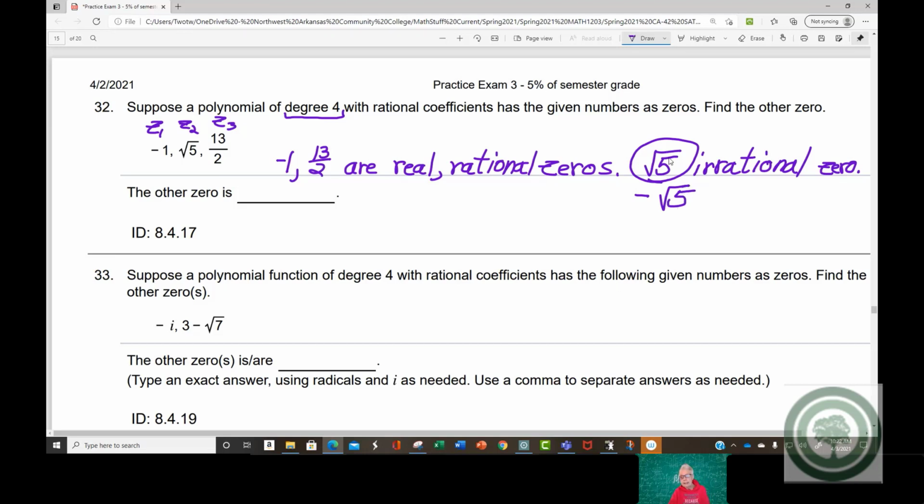Okay, this is the conjugate of that. So the other zero is going to be negative the square root of 5. And that's all you have to write.